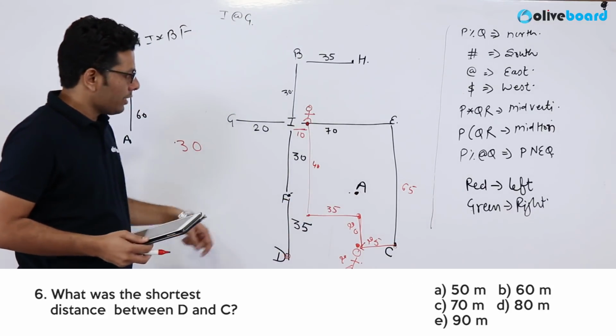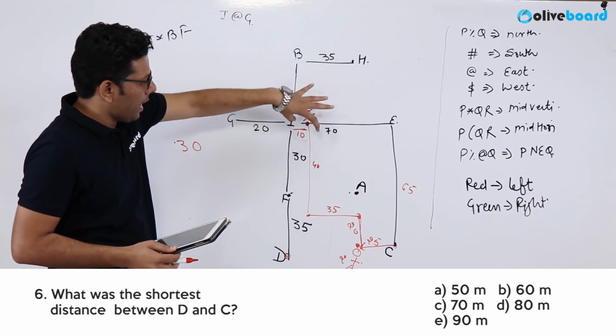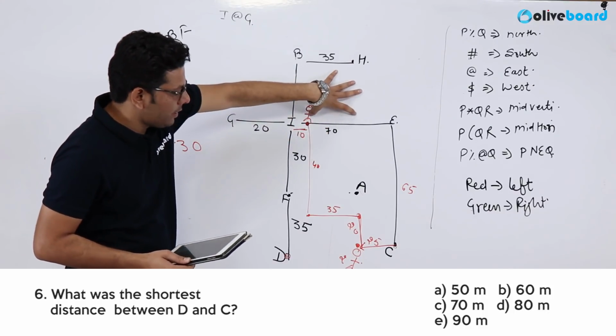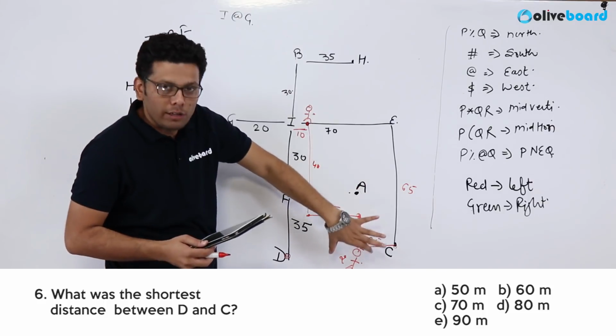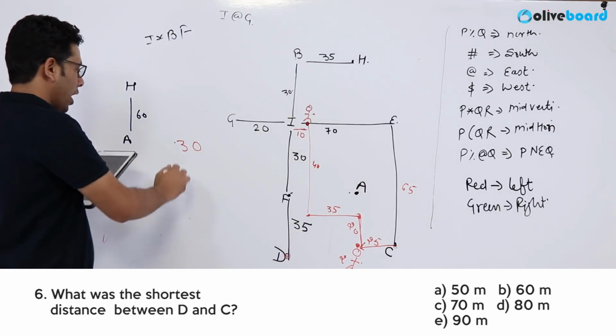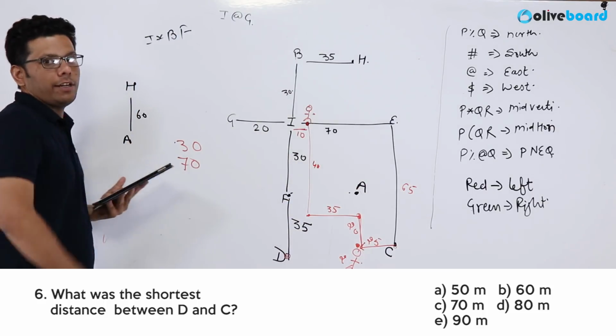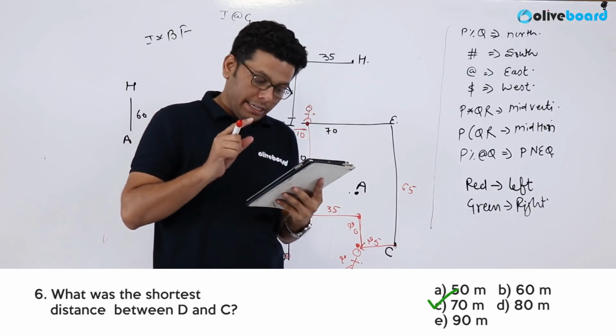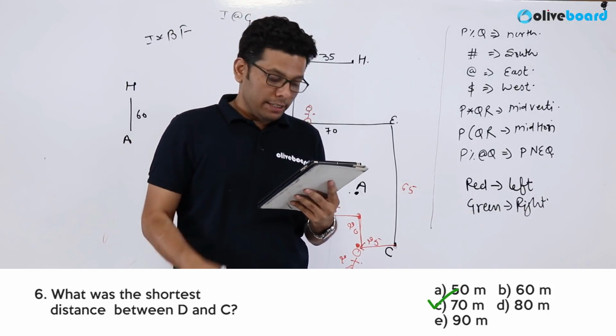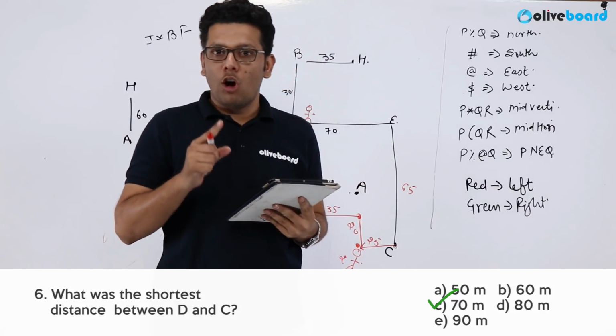So what is the shortest distance? It clearly implies that if this distance is 70, then this distance would always be 70. So the answer of the next question would be 70. Okay, answer is 70. That is your third option, C.